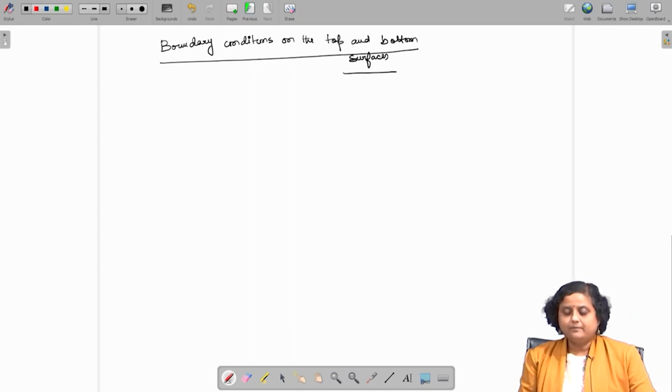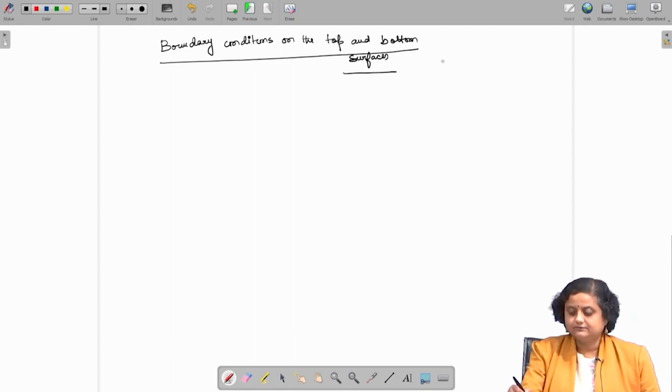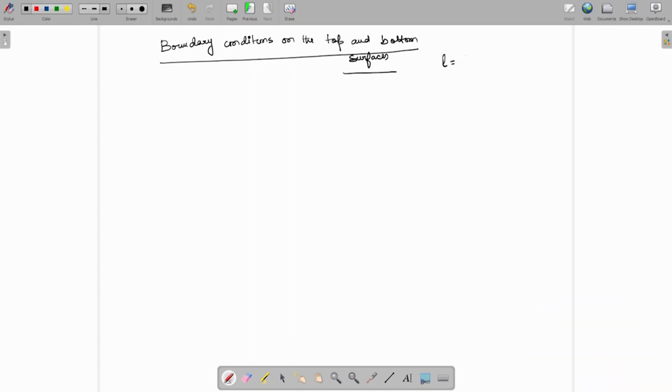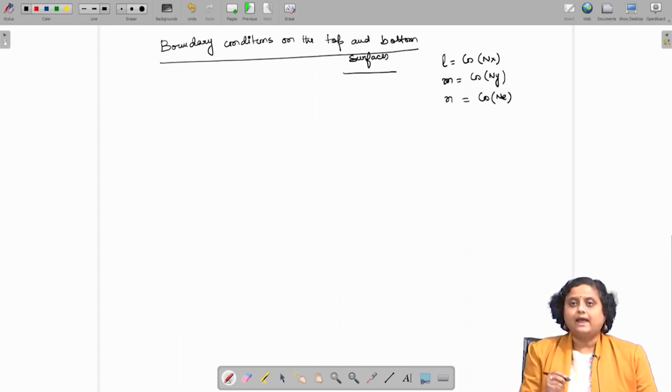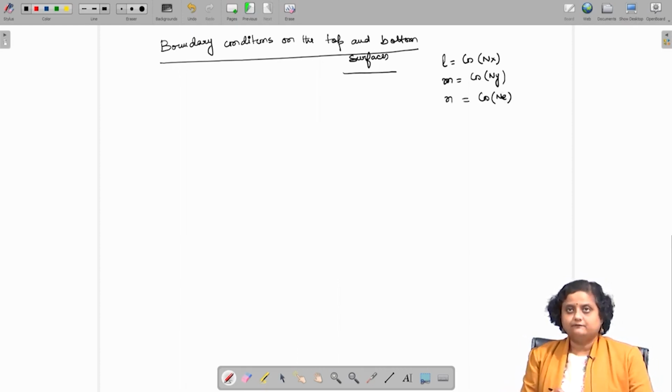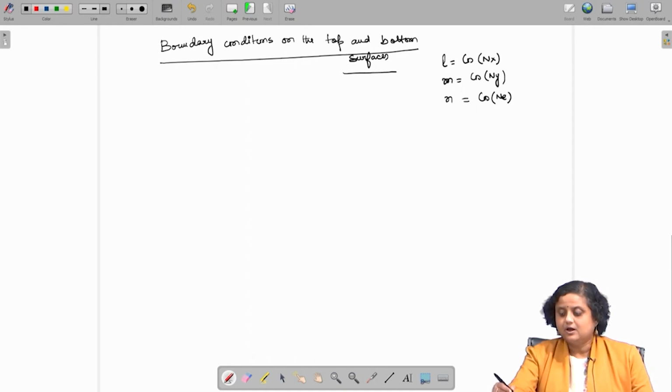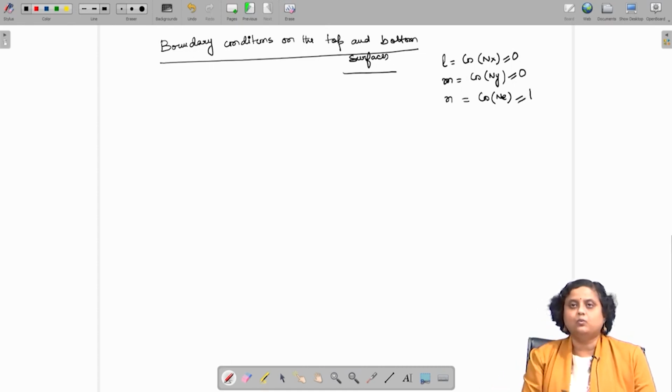So, on the top and bottom surfaces of the shaft, L which is cos nx, M which is cos ny, and N which is cos nz. Now, N on the top and bottom surface is along the z direction. So, L is always equal to 0, M is always equal to 0, and N is equal to 1.